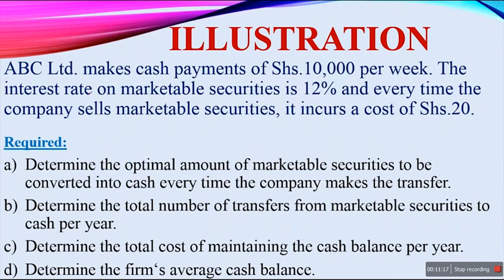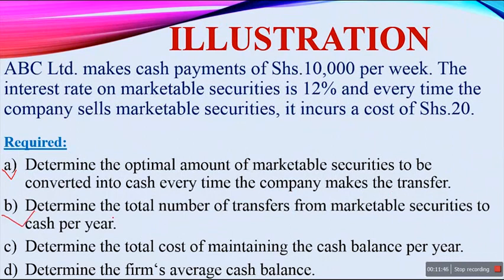The interest rate on marketable securities is 12%. And every time the company sells marketable securities, it incurs a cost of 20 shillings. You're required: A, determine the optimal amount of marketable securities to be converted into cash every time the company makes the transfer.